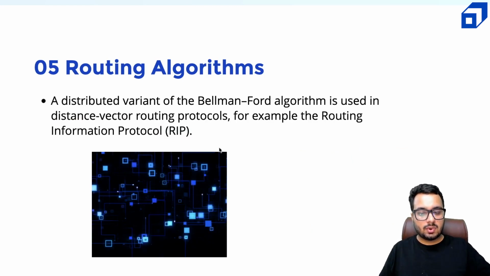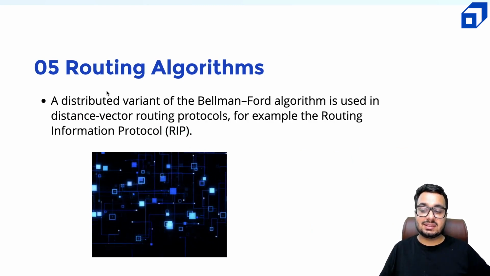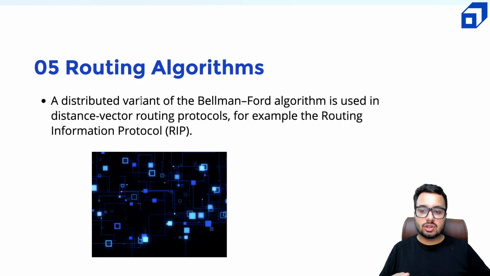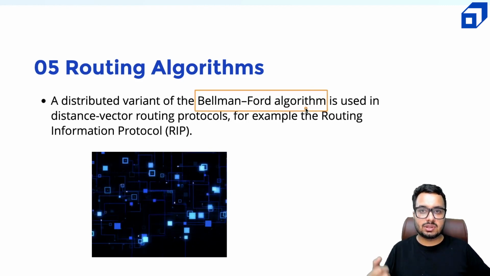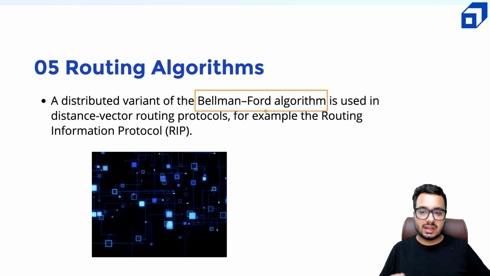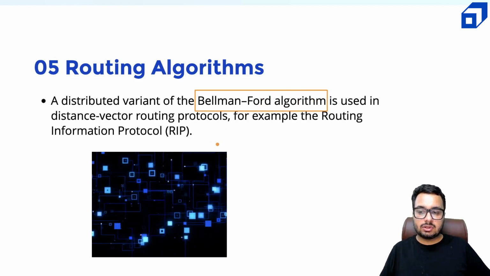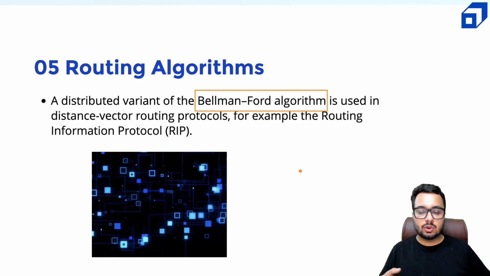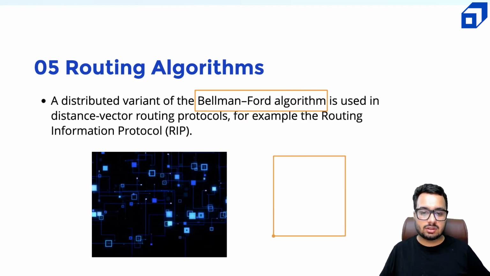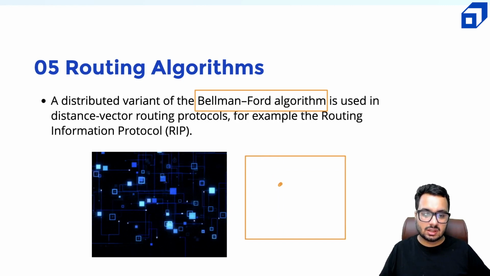Let us talk about one more application, that is routing algorithms. Bellman-Ford is a very popular graph algorithm that is also used in finding shortest paths. Now this algorithm is also used in routing algorithms. The world has a lot of routers, right?